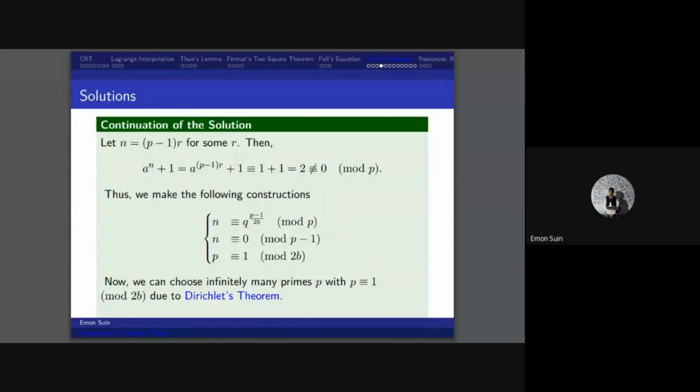If you have the AP, then there will exist infinitely many primes.